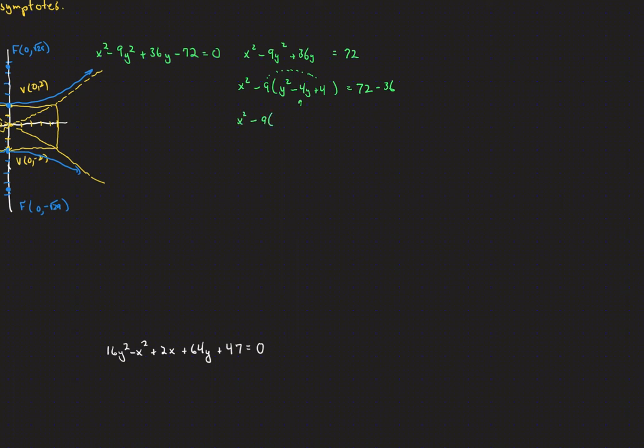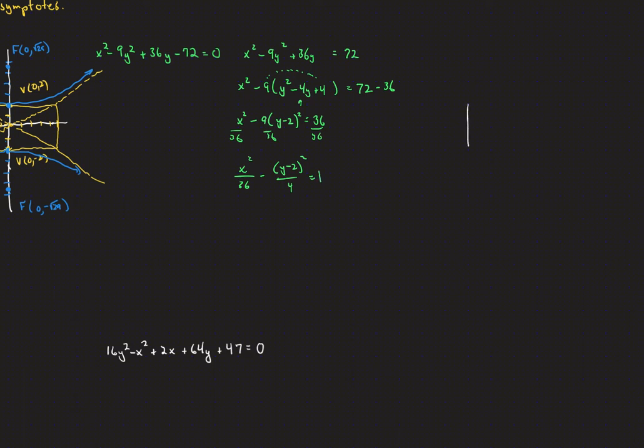So now it's going to look like in factored form, x squared minus 9 times y minus 2 squared over 36. We want to make it equal to 1, so we're going to divide everything by 36. That will get us to x squared over 36 minus y minus 2 squared over 4 is equal to 1.